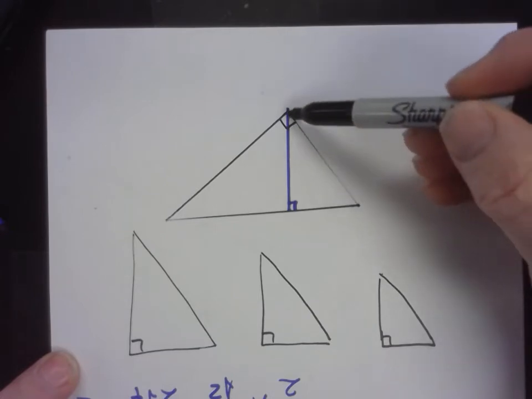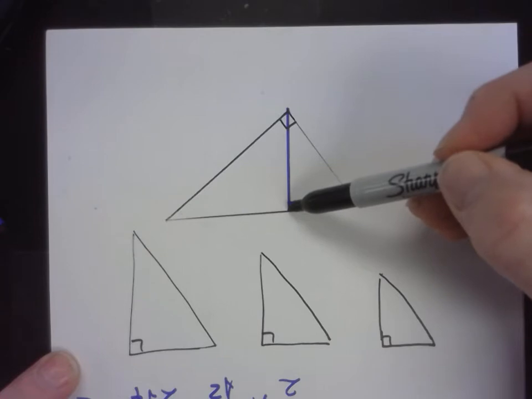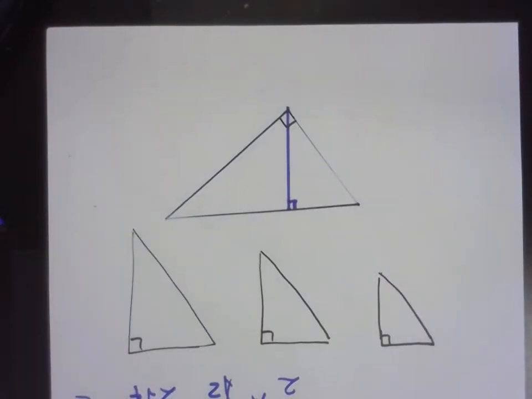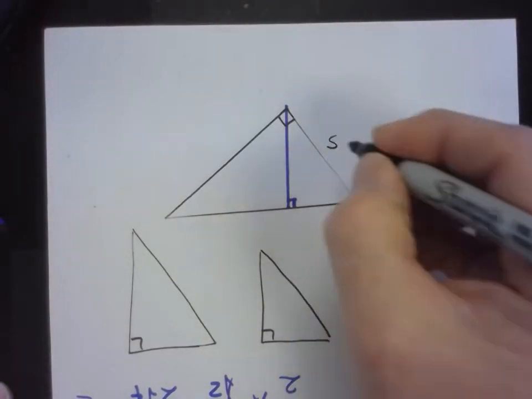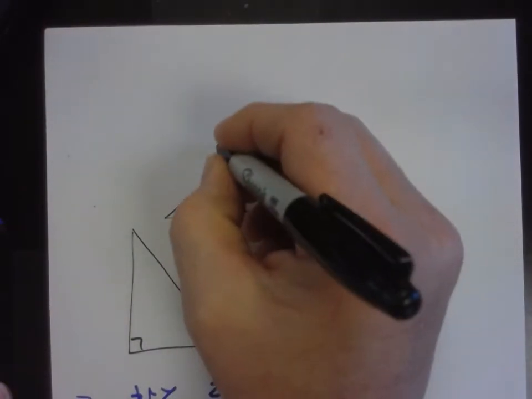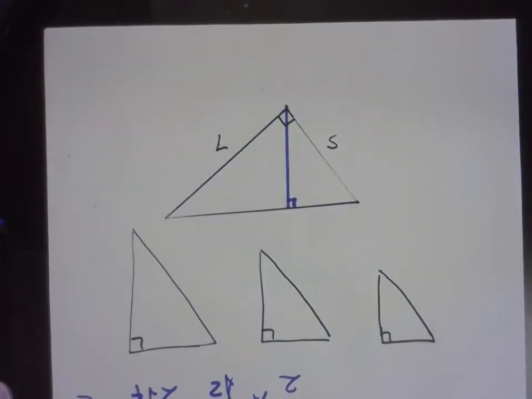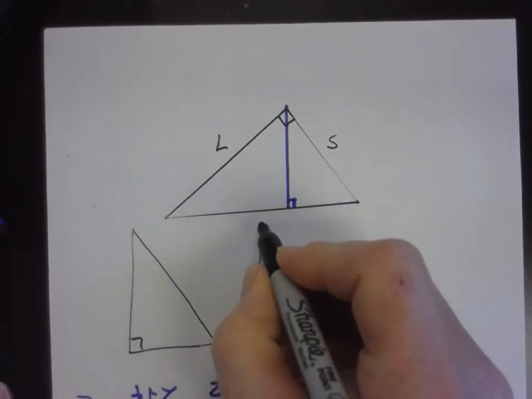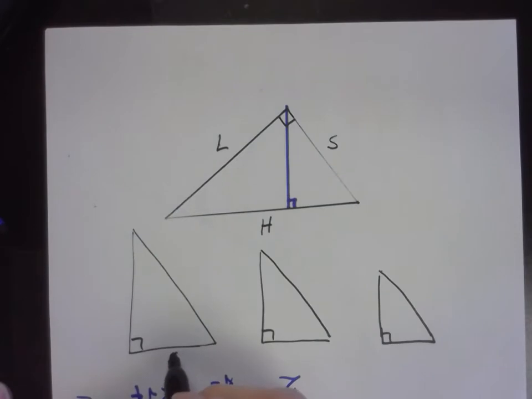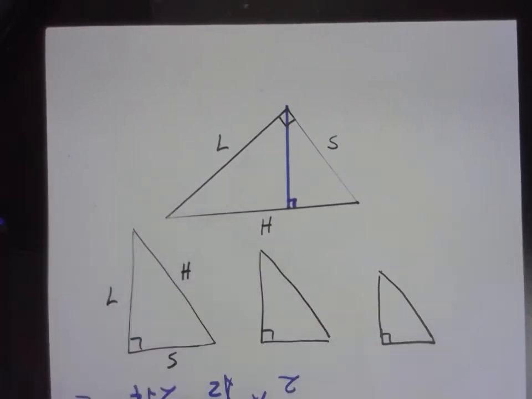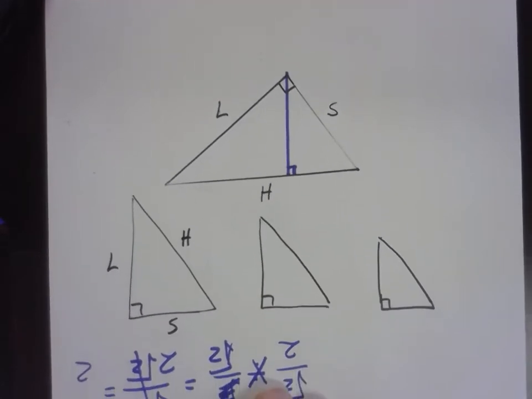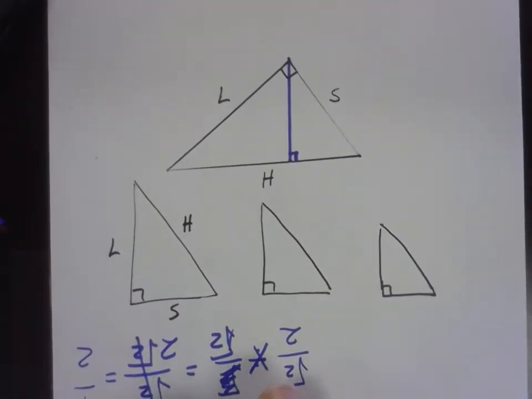And what's this one? The long leg. So it kind of gets a little complicated. But let's do some stuff here. Let's just call this S for short leg. Call that capital L for long leg. And call this capital H. So we've got S, L, and H in the big triangle. You with me so far?